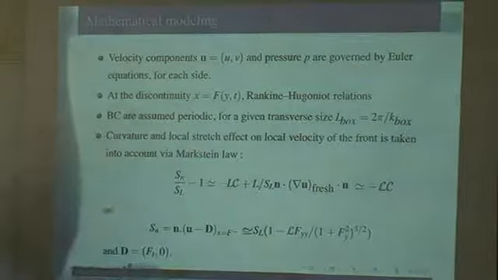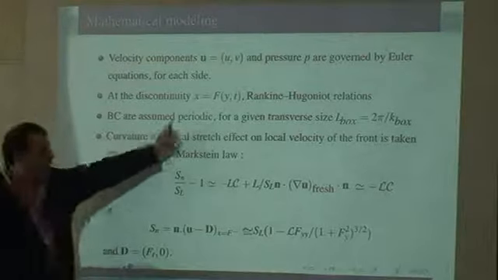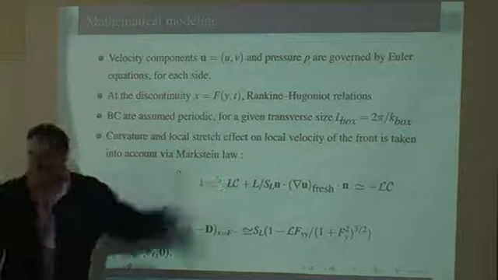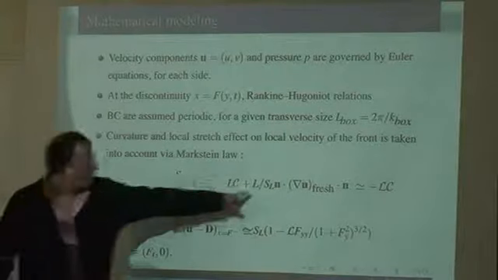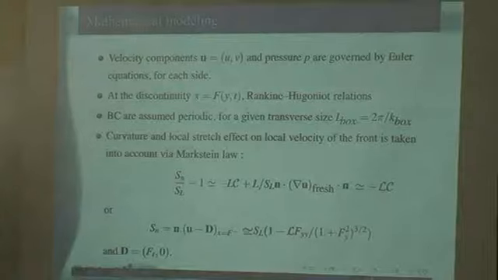We assume the problem to be periodic, and the curvature and local stretch effect on the local velocity will be taken into account via the semi-empirical law by Markstein. What is SL? SL is the laminar flame velocity, the eigenvalue of the problem.